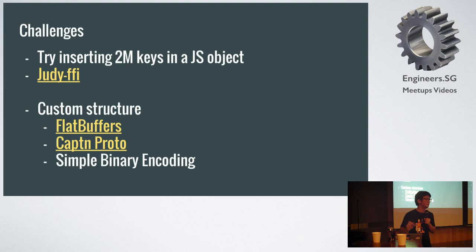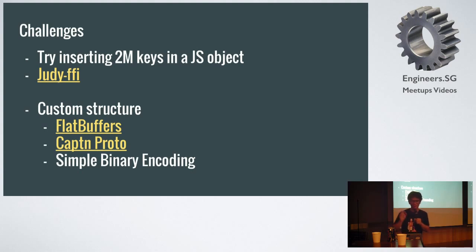I think we tested that, and it doesn't use much heap memory. It's not within the V8 heap, but actually uses Node's heap, which is almost like the way you do things in C, right? Other approaches which I tried was using FlatBuffers, which is a serialization format.